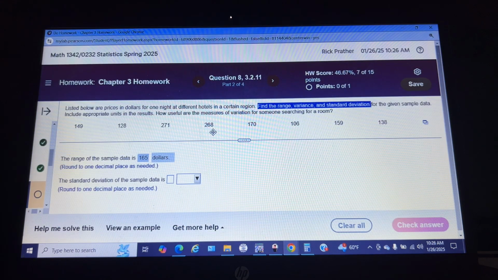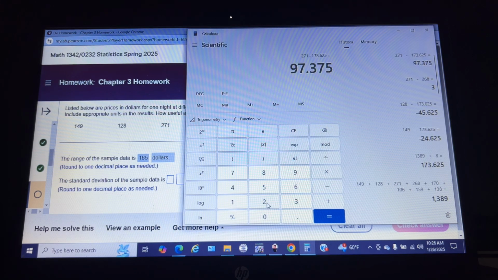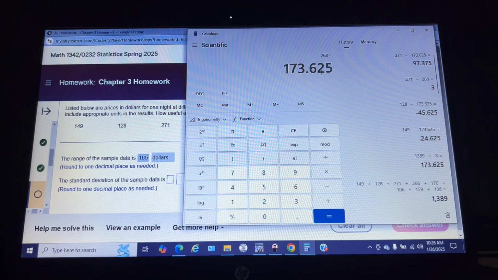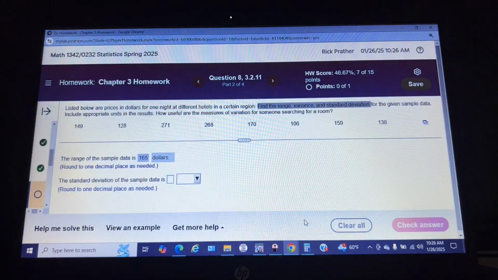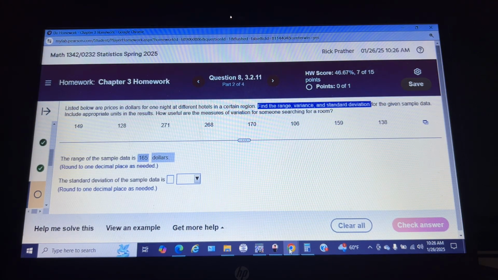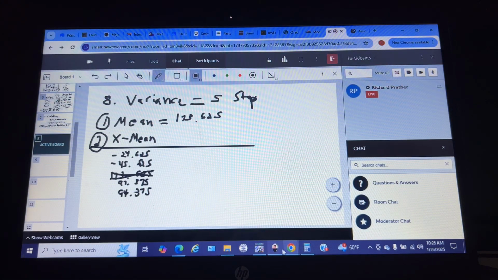Okay, the fourth one is 268. In this calculator, you have to hit 268 minus memory recall, that's the average. Then I have to press equals. 94.375. So one nice thing here is if it's above average, it's going to have a 375 decimal. When it's below average, it'll have that 625. Okay, so how many have I done now? 4 of them.